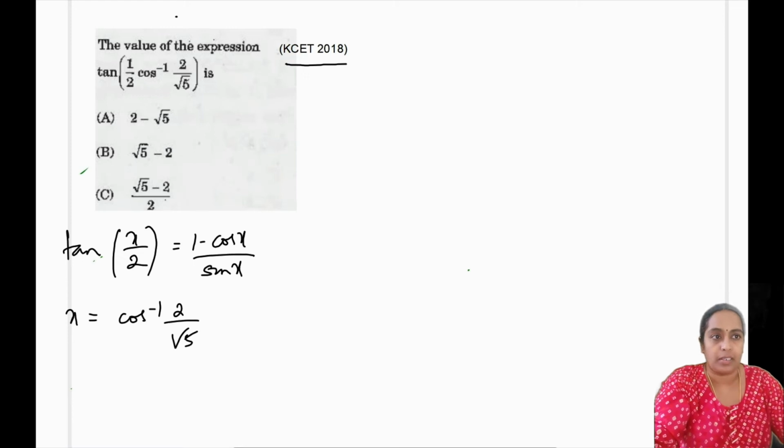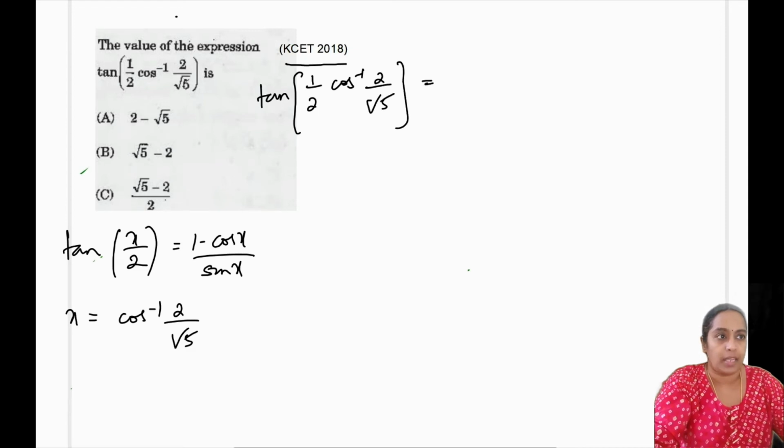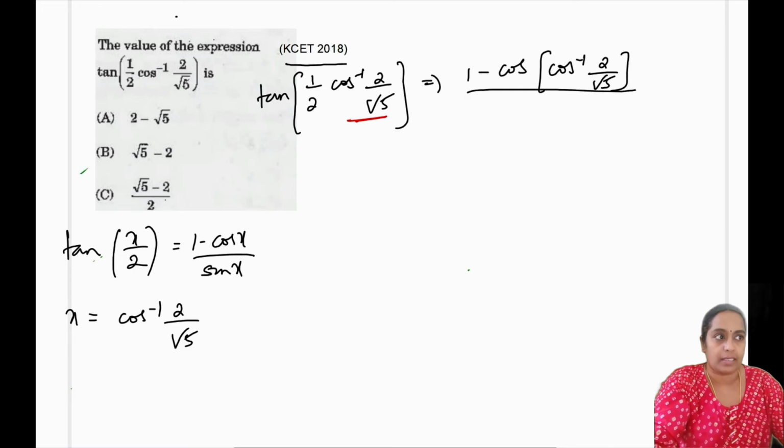So substituting it in the formula, we have tan of half cos inverse 2 by root 5 is going to be 1 minus cos x, where x is cos inverse of 2 by root 5, divided by sin x, where x is again cos inverse of 2 by root 5.